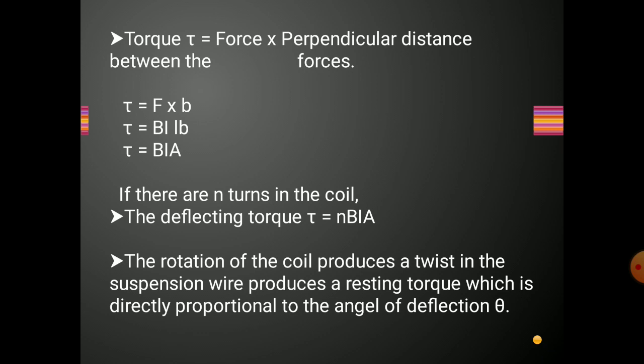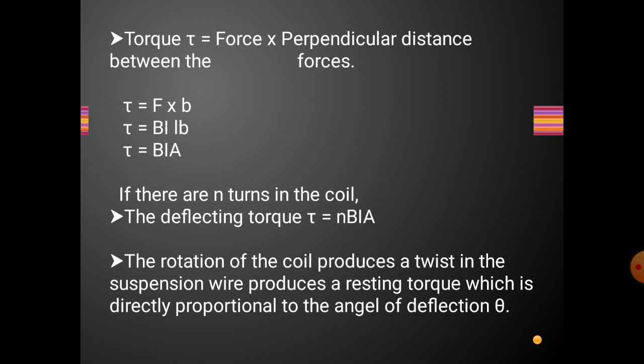If there are N turns in the coil, the torque produced is NBIA, where N is the number of turns, B is the strength of the magnetic field, I is the current flowing through the coil, and A is the area of the rectangular coil.